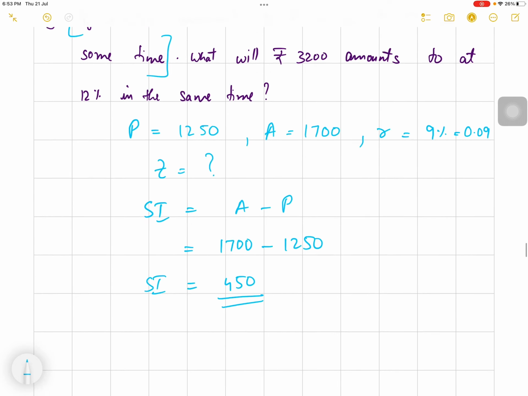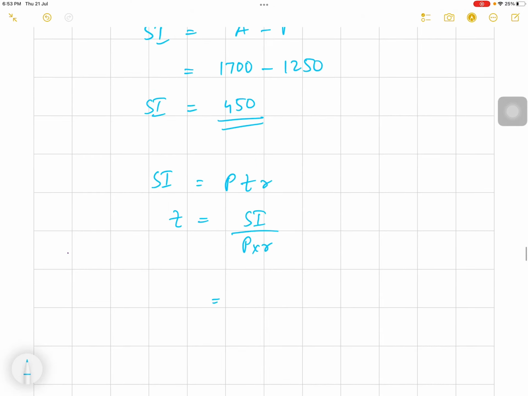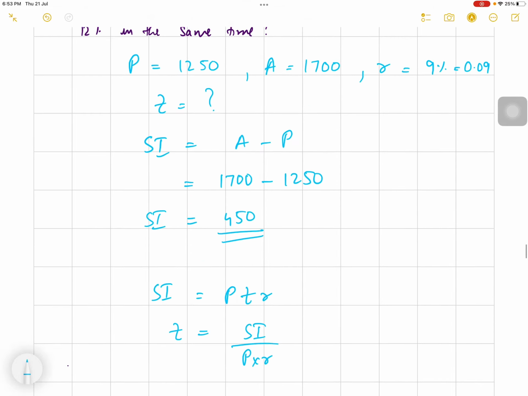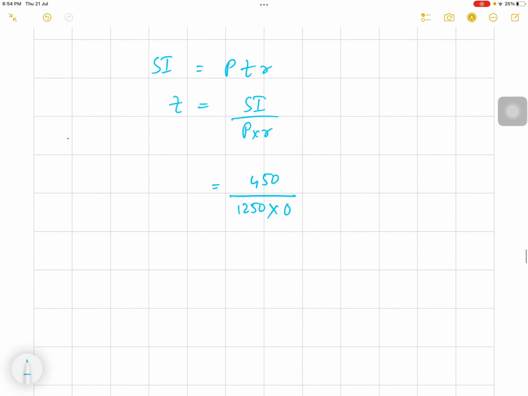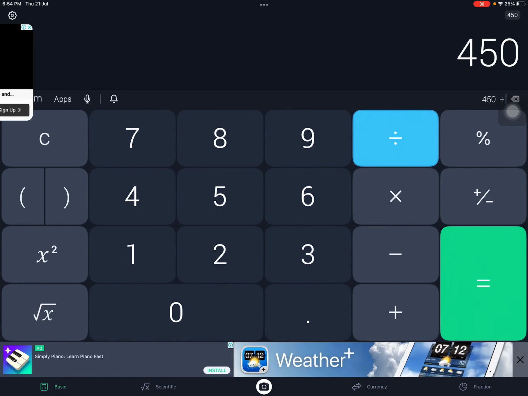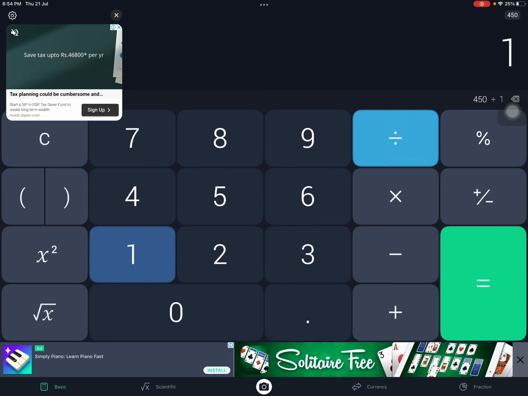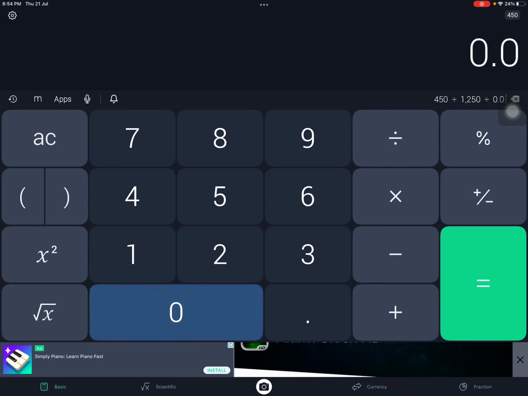Now let us find T. So simple interest is equal to P into T into R. So T is equal to simple interest upon P into R, which comes to 450 divided by 1250 into R is 9%, so 0.09. So how much does this come to?